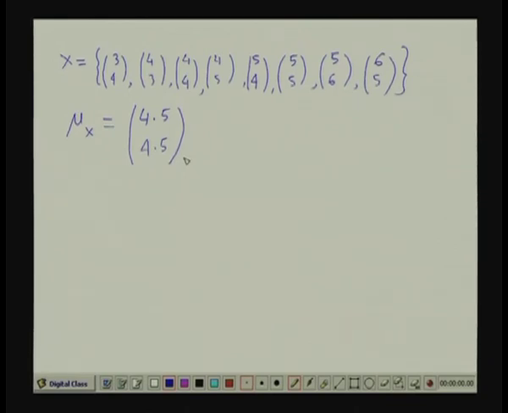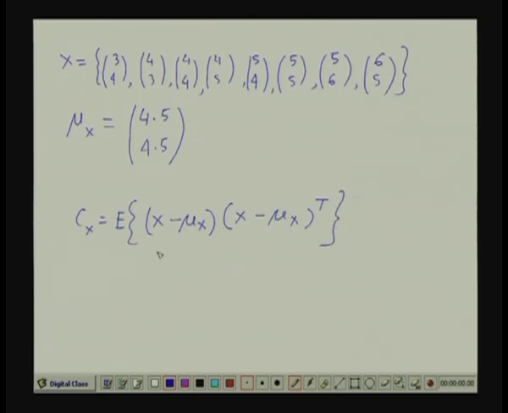So, once we have the mean vector, now we can go for computing the covariance matrix, and you find that the covariance matrix Cx was defined as the expectation value of (x minus mu x) into (x minus mu x) transpose.